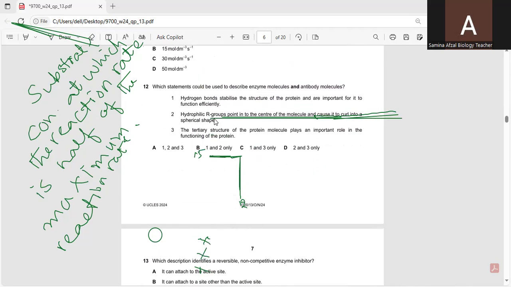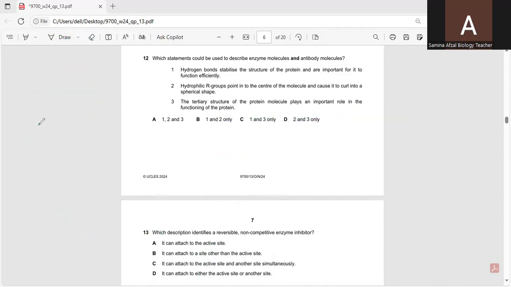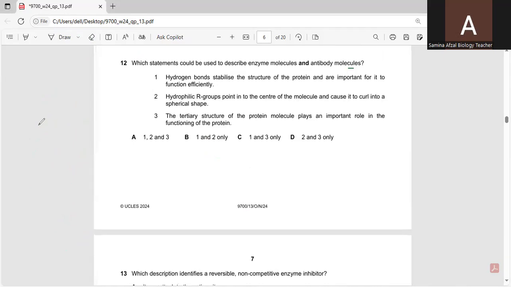Now the next question is question number 12, which is: which statement could be used to describe enzyme molecules and antibody molecules? First of all, you know the antibodies and enzymes are proteins in nature.